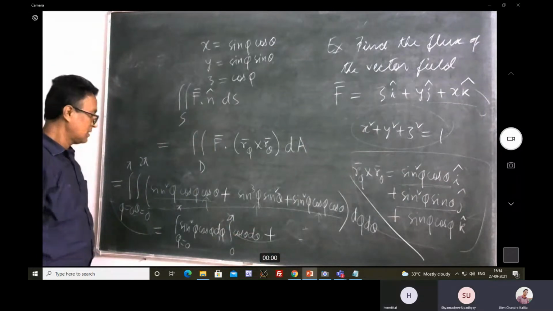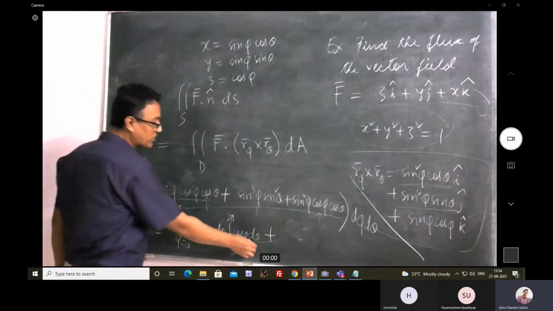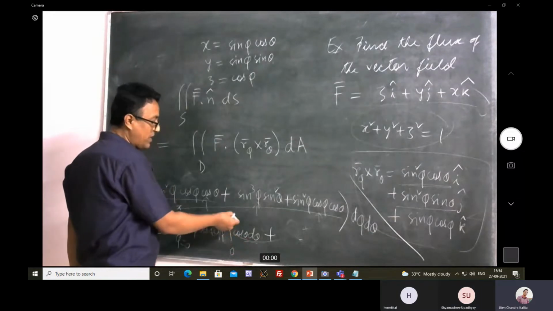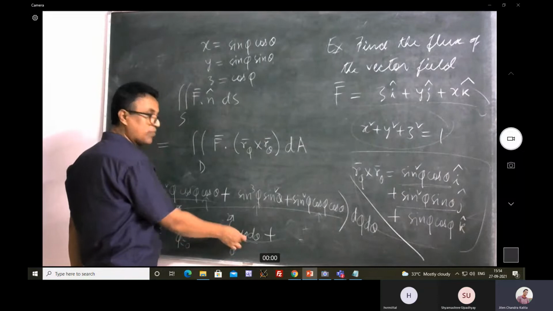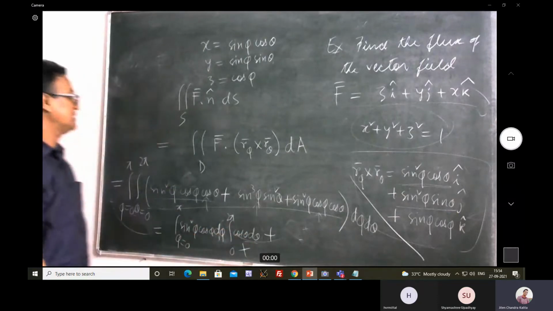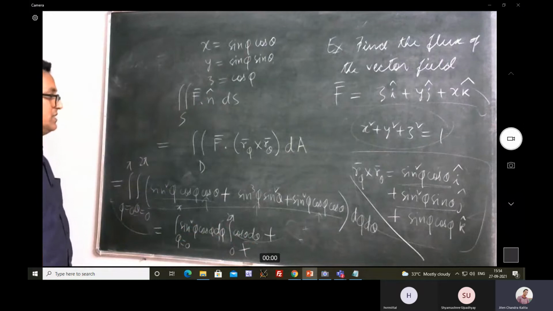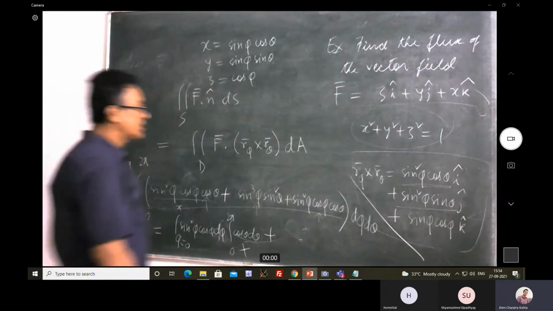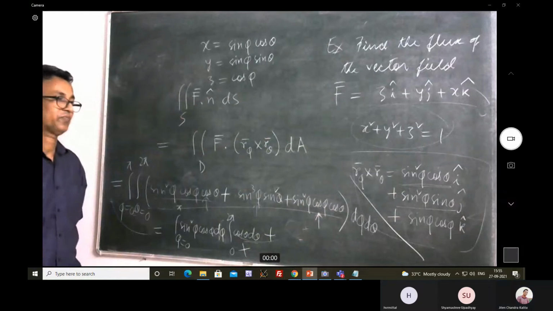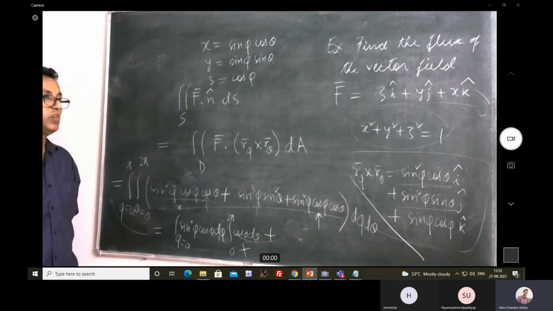You don't even have to worry about it, because cos theta gives you sin theta, and when you plug in 0 and 2 pi for theta, this is going to give you 0. So this you can easily neglect. Similarly, the third integral also you can neglect. Are you getting my point?